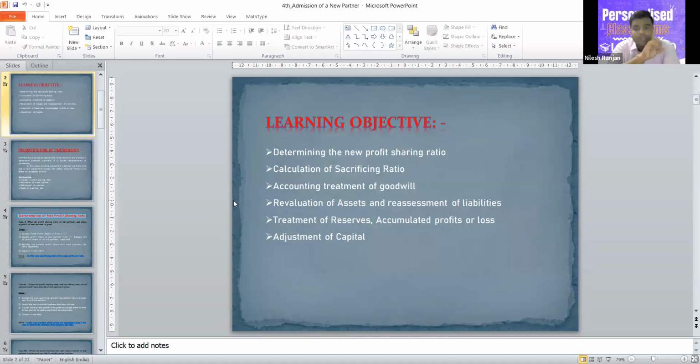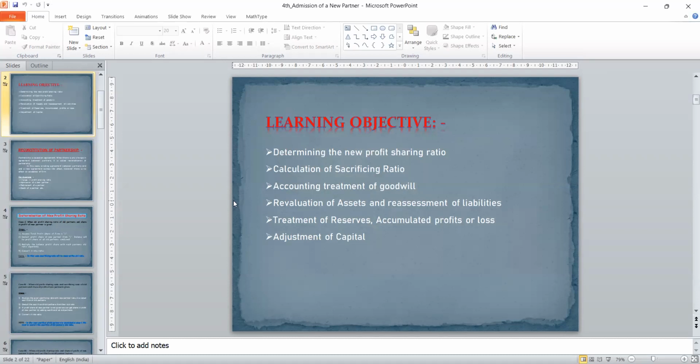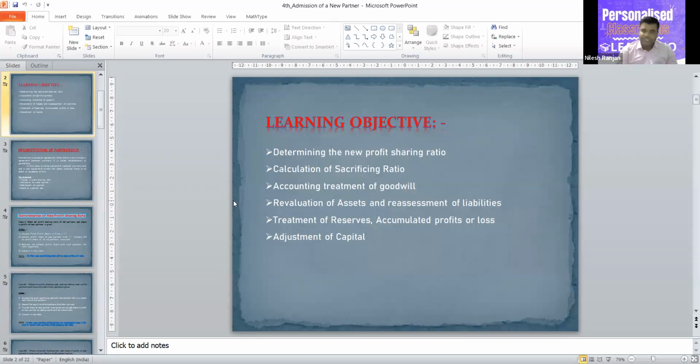But sometimes the value of assets decreases, like machinery. If you purchased a car 5 years before at a price of 5 lakh, it will be around 2 or 3 lakh now. So over time, the value of an asset generally increases or decreases.